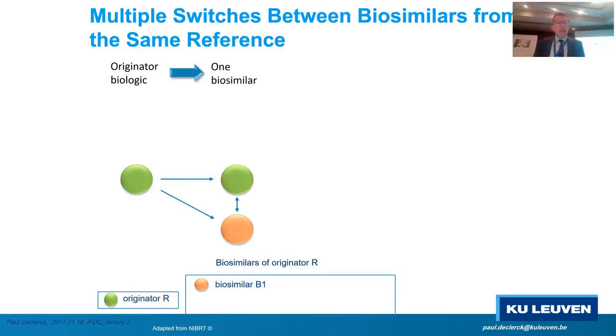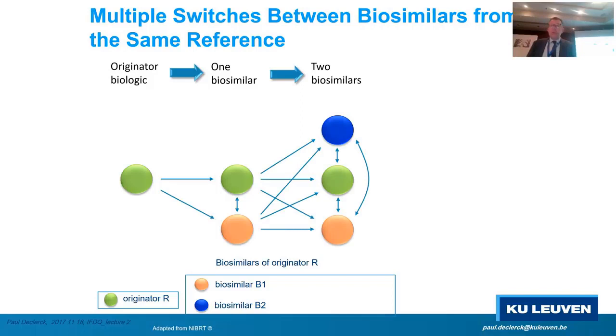And this will indeed be a possible situation in real life, in hospital, but also in the retail setting. So consider the situation where we have one biosimilar, then it's pretty simple. We only need to look at what the patient has been given, the green reference product, or the orange biosimilar B1. But for infliximab and rituximab, we have at least 2 biosimilars on the market right now.